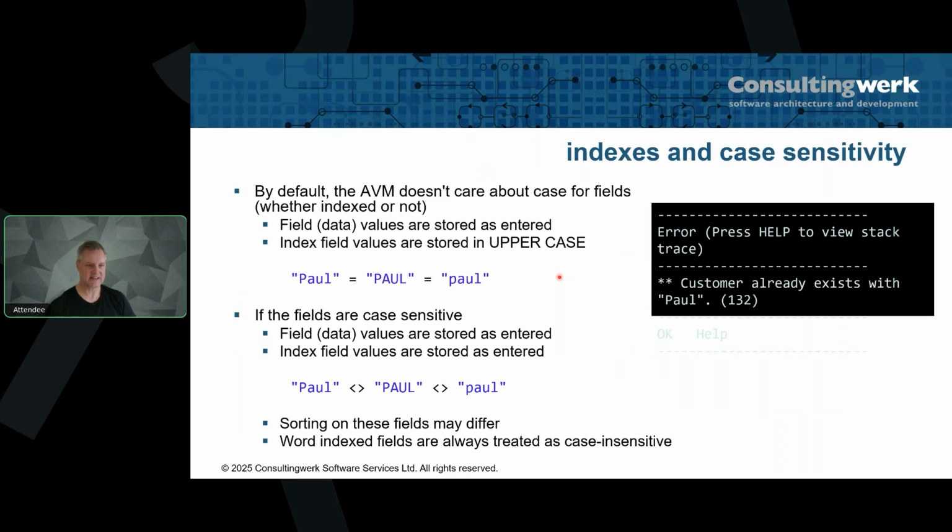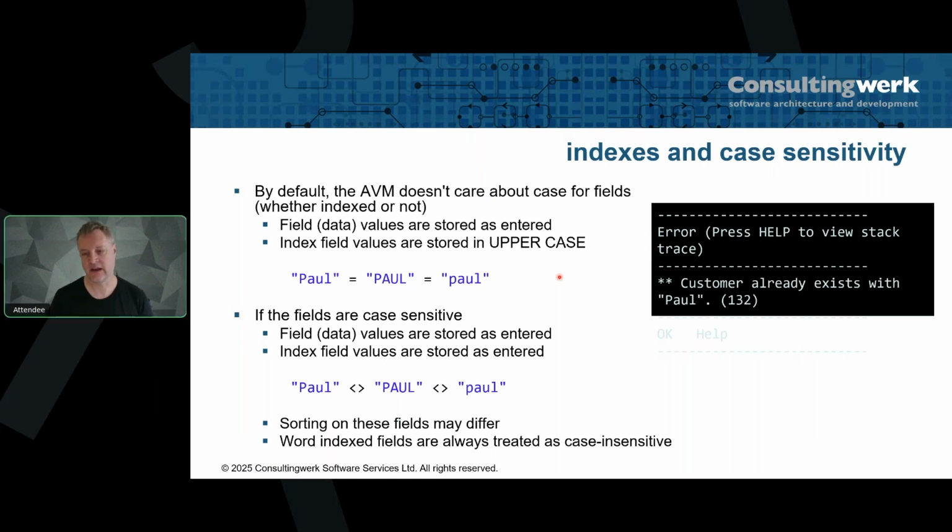Indexes and case sensitivity. Generally speaking, the index field values are stored as uppercase values in the indexes. I mean, in the database. Sorry, in the records, they'll be stored as you pass them in.